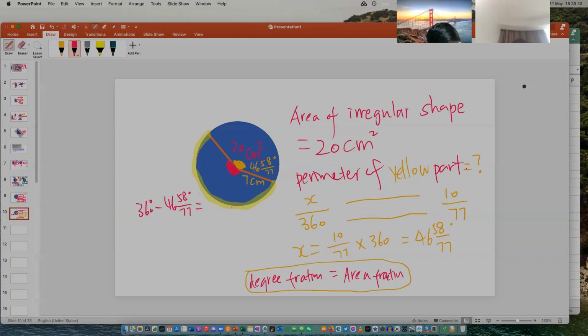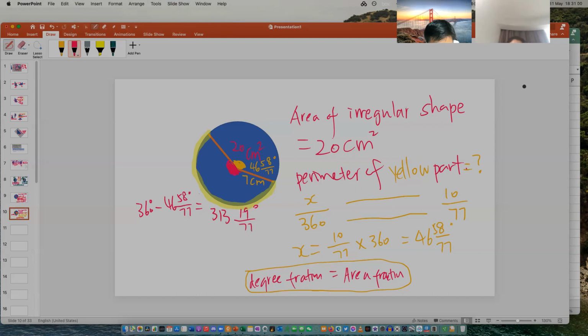So what's the answer? Mixed number. 313 and 19 over 77.